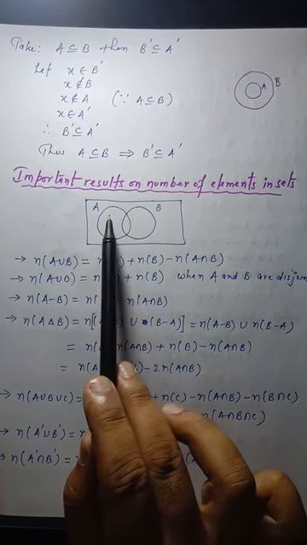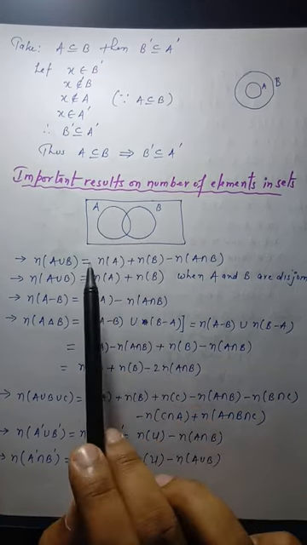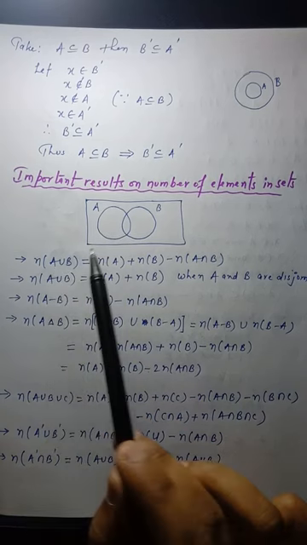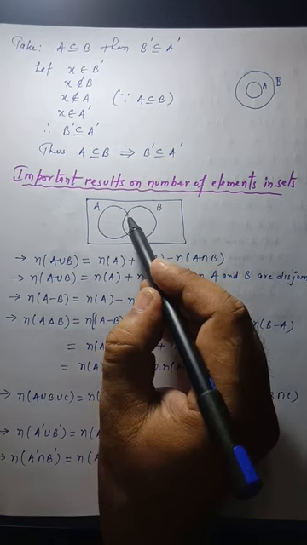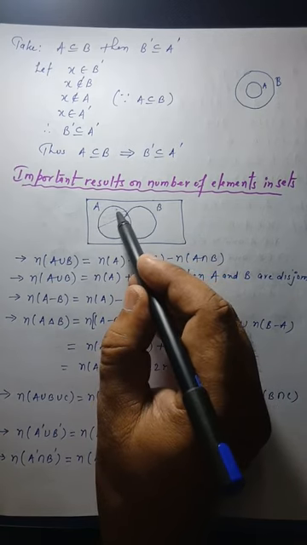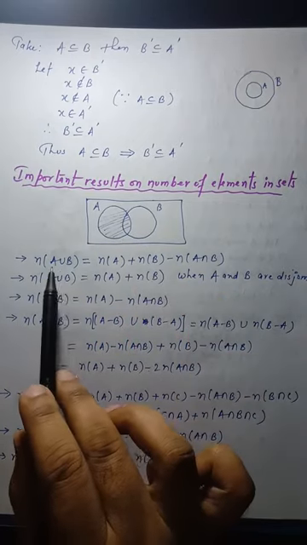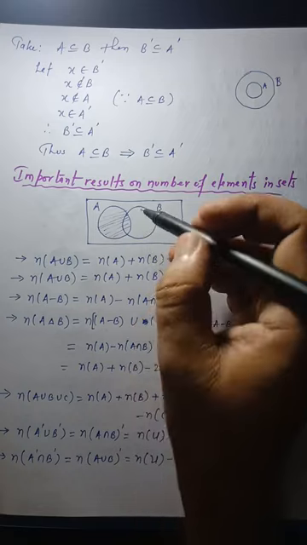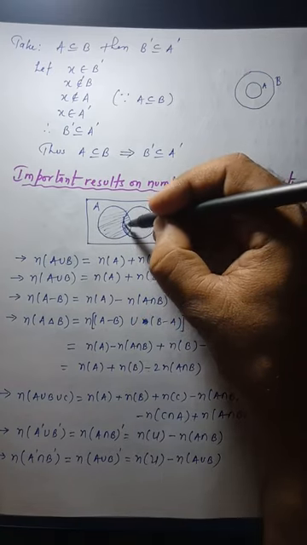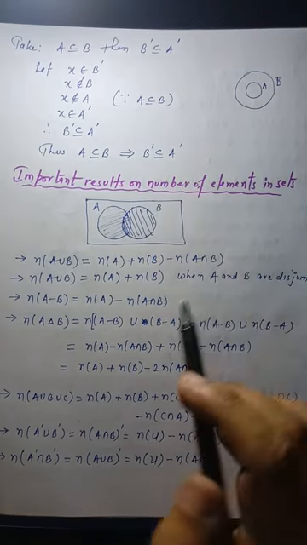If you want to know the number of elements present in the whole circle, we can say A union B means this circle n of A and the same circle n of B.